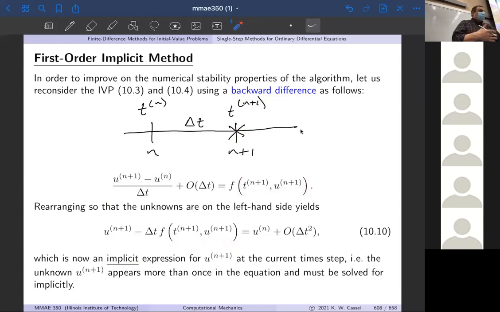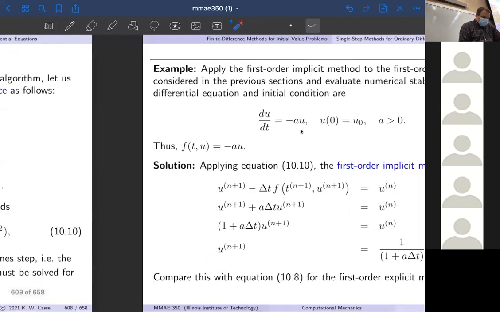This is kind of like in the boundary value problems when we did the tridiagonal case and we had 3 unknowns, so we had to solve implicitly for them all together. This is going to be very similar. Of course, it depends on what this f looks like, but nevertheless, things look a little bit different. All right, so let's see how this works.